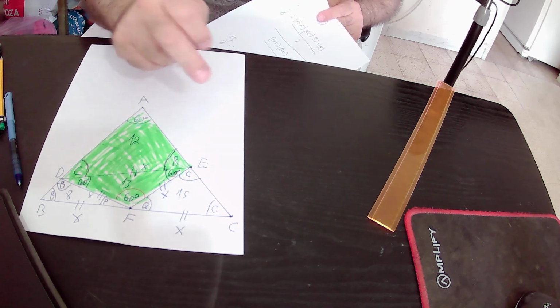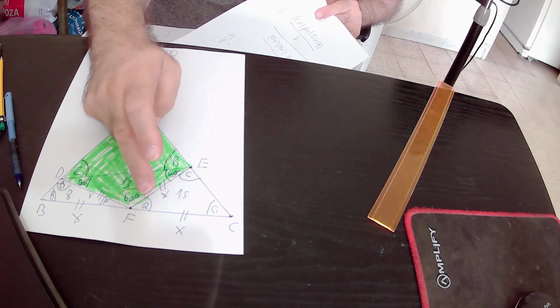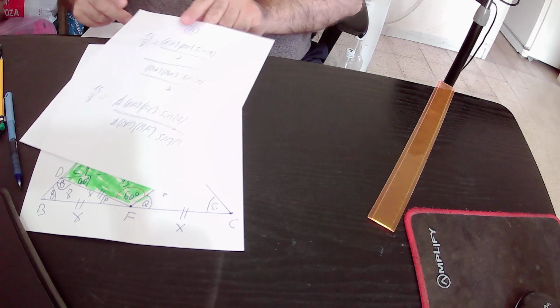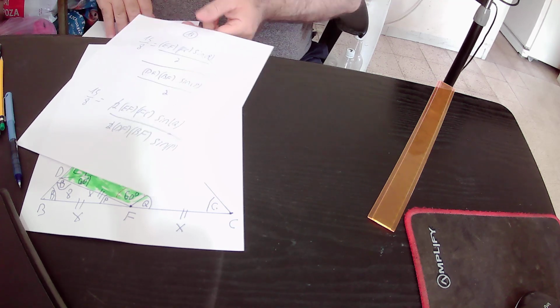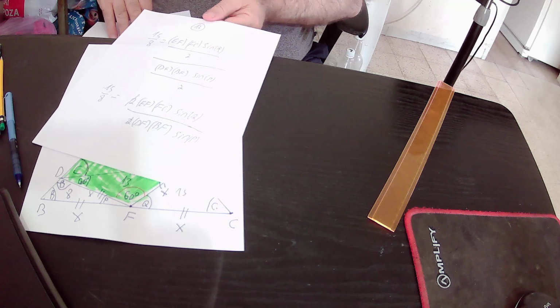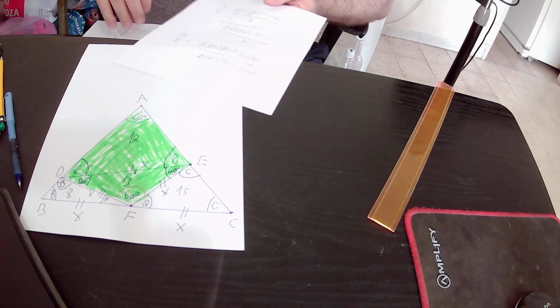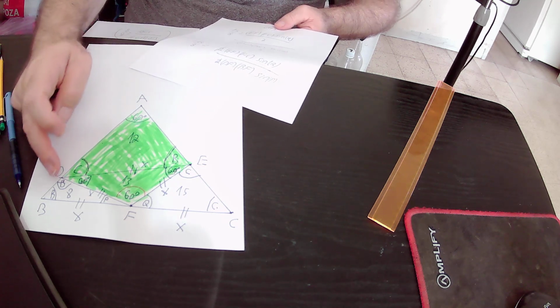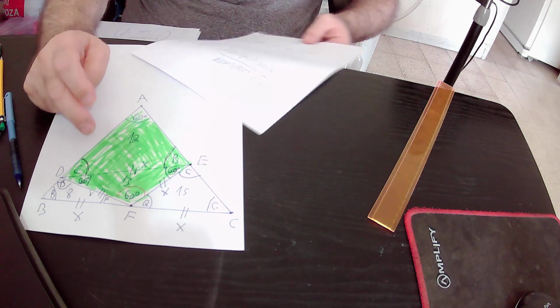The area of triangle EFC will be equal to x times sine q over 2, and the area of triangle DBF equals x times sine p over 2.